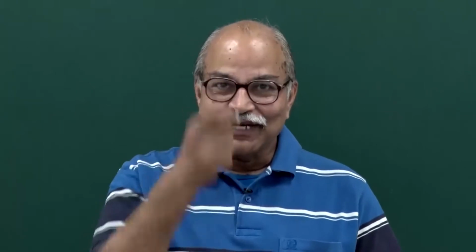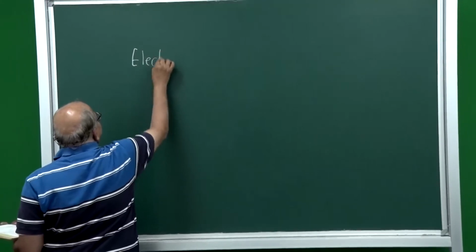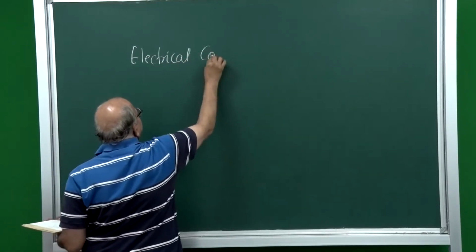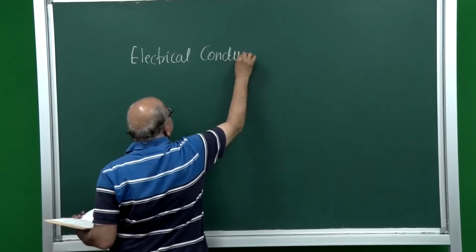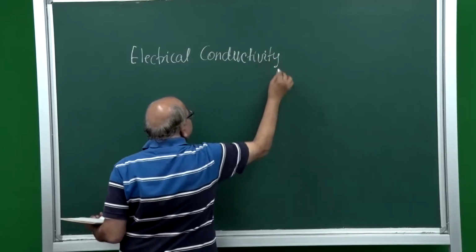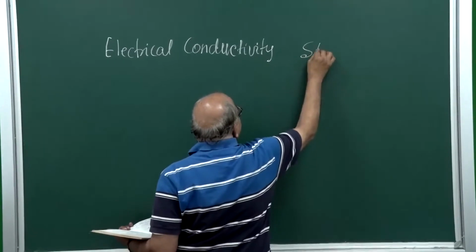So I will give you some conductivities to give you an idea in what range conductivities vary. So electrical conductivity, the SI unit is known as Siemens per meter.